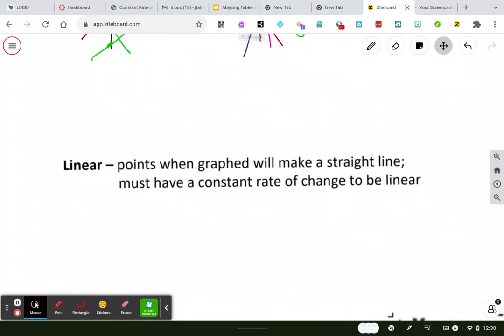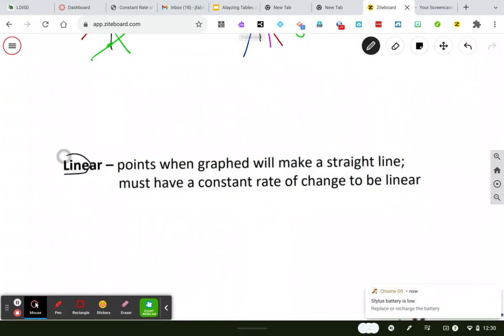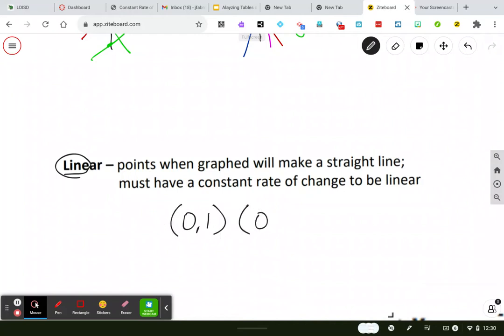Okay, and the last vocabulary word, linear, it just means that it's a line. It's whenever I put points on a graph and it makes a straight line. 0, 1, 0, 2, 0, 3. Probably not the best line.